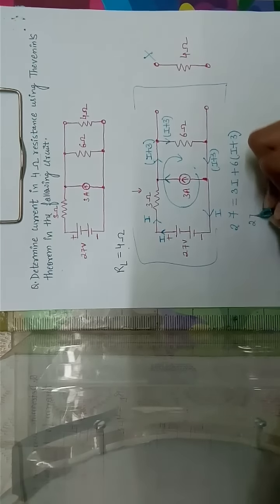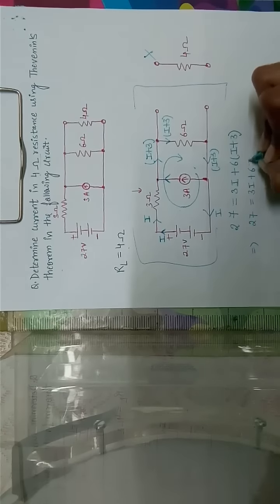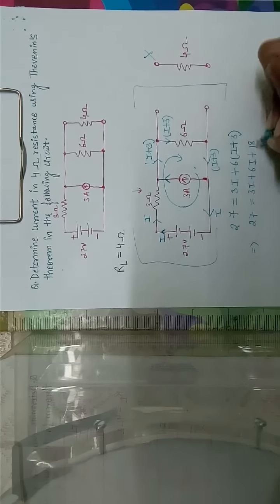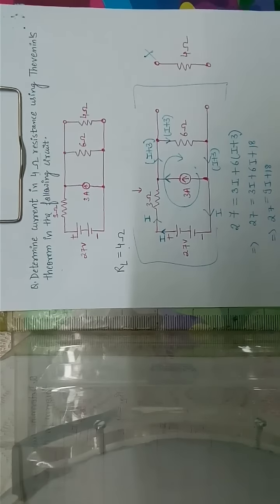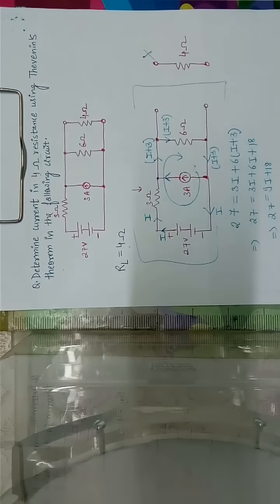So this implies that 27 is equal to 3I plus 6I plus 18, 9I plus 18, which implies that 9 is equal to 9I, which further implies that I is equal to 1 ampere. Fine.